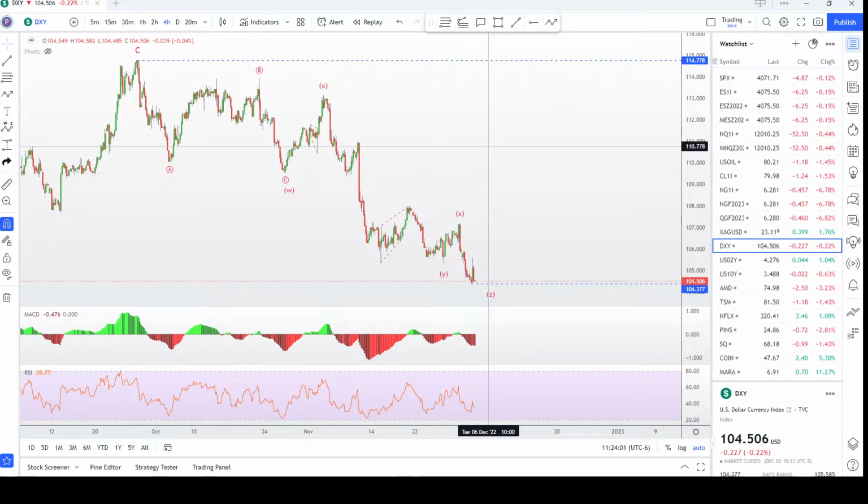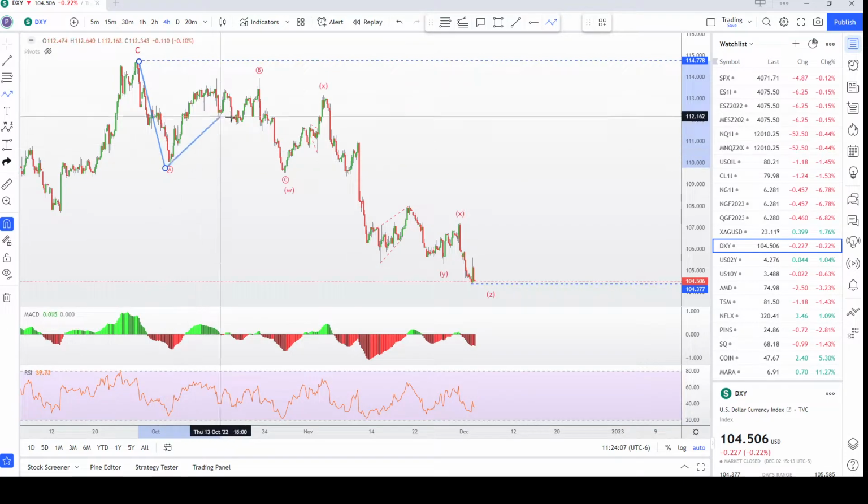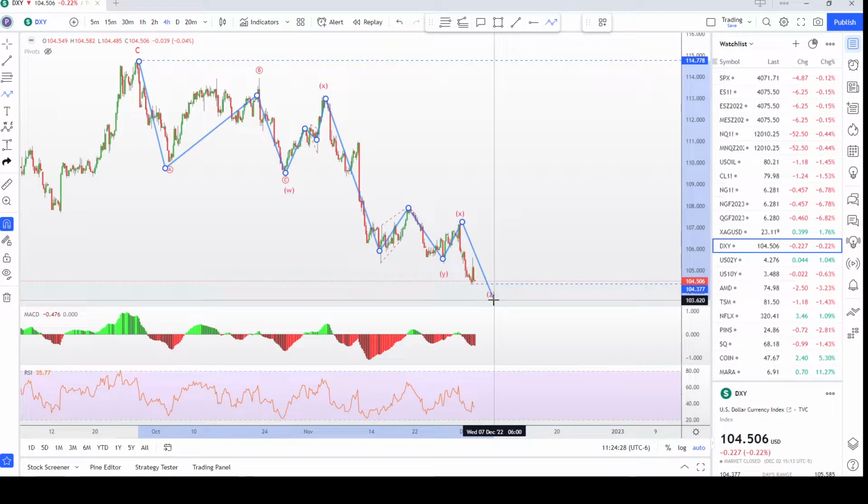My primary one for right now is that we've had an A, B, C for a W, went up in three ways for the X. This was all 1, 2, 3 for Y. Then we had a 3-wave correction for X, and now we're coming down for the Z wave.